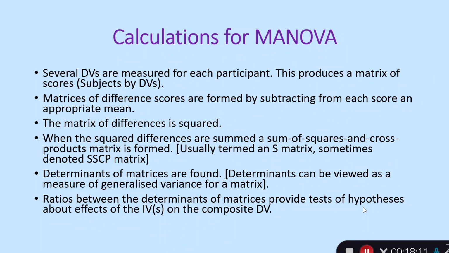We worked out our F ratio by taking the mean square for the groups and dividing it by the mean square for the error. We do a similar sort of thing with MANOVA, but this time we take the determinant for the between groups matrix and divide it by the determinant for the error matrix.